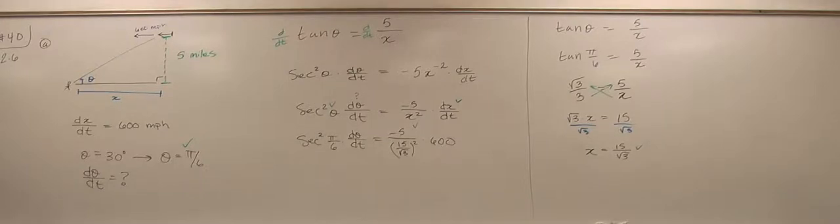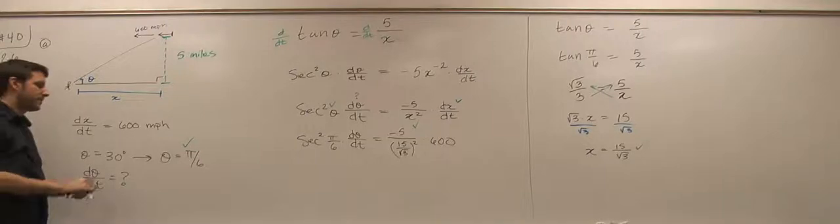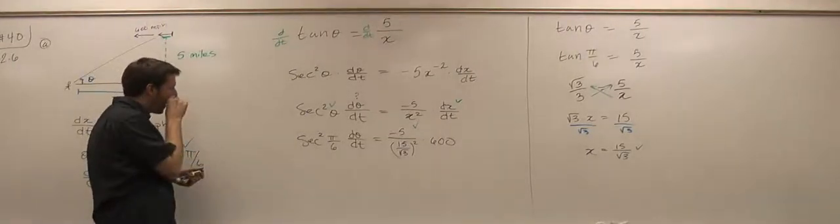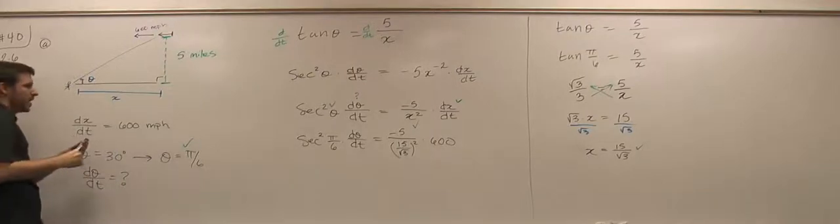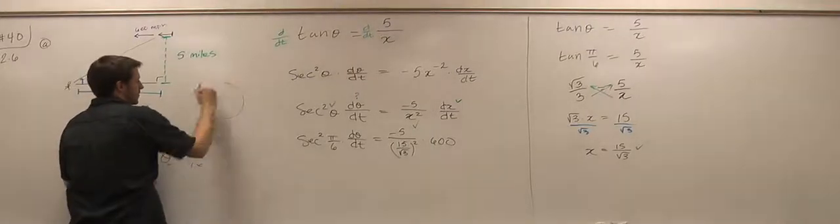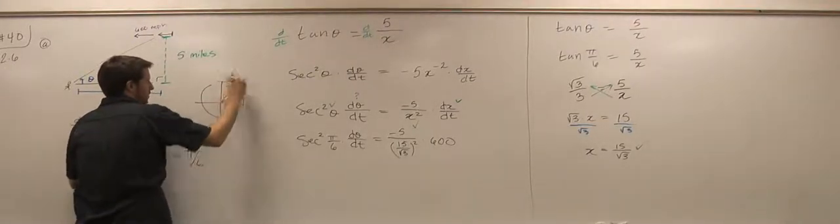And then you actually have to calculate what secant squared of pi over 6 is. I don't think it is 4. So where's pi over 6 on a unit circle? Let's see. So here's the unit circle. Here's pi over 6.